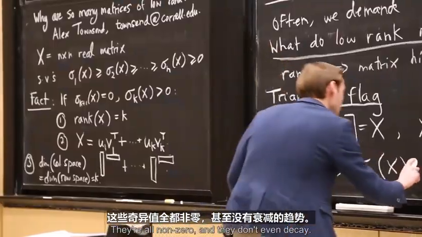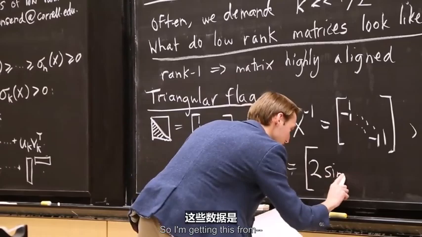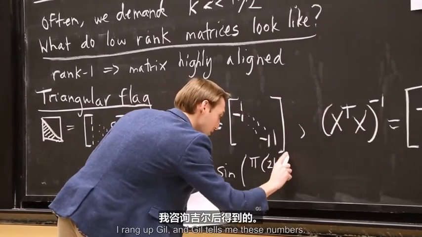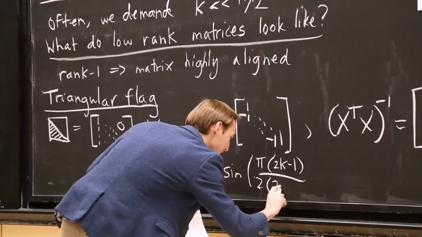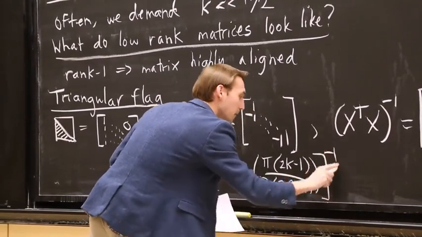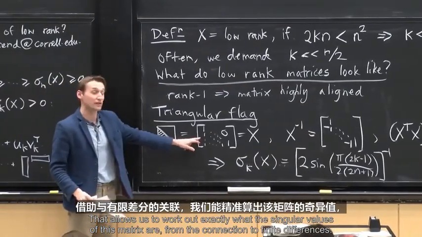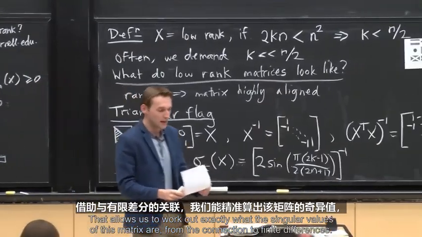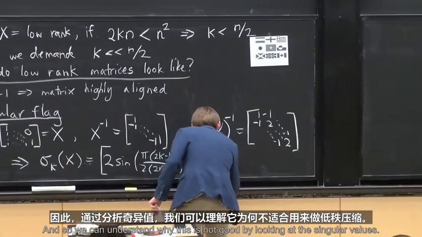They're all non-zero, and they don't even decay. I rang up Gill, and Gill tells me these numbers. That allows us to work out exactly what the singular values of this matrix are from the connection to finite differences. And so we can understand why this is not good by looking at the singular values.